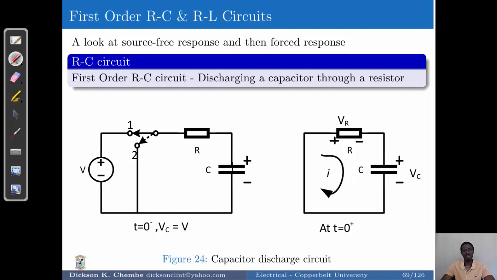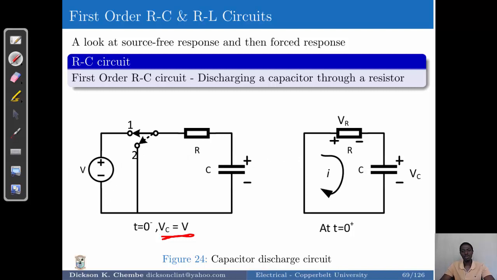When it's fully charged, then it's going to act as an open circuit, and the voltage of the source is going to be equal to the voltage across that capacitor at that time.